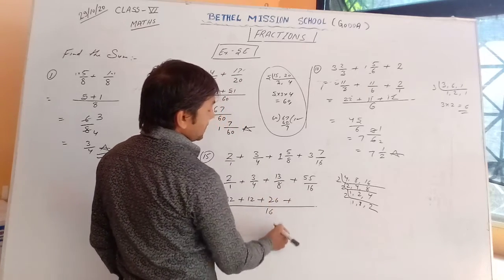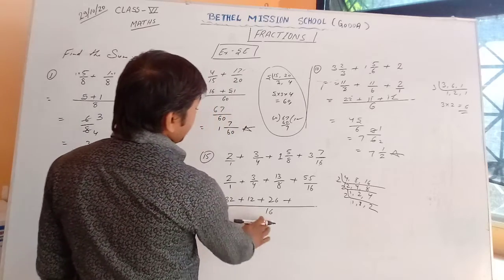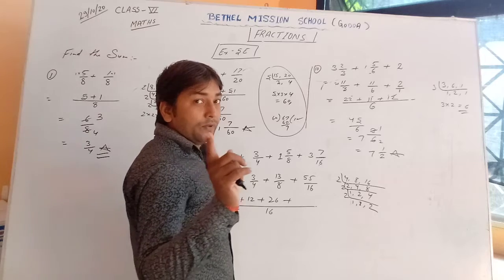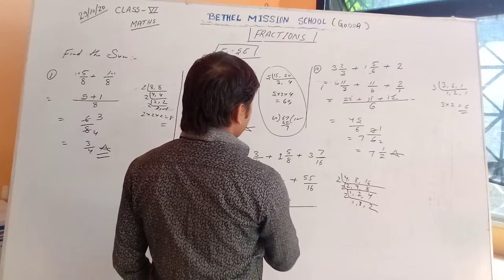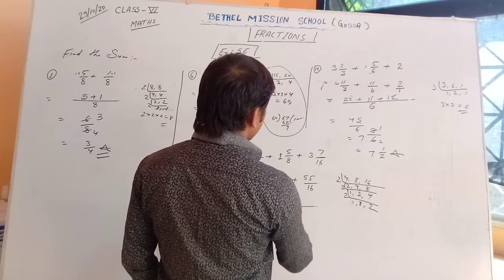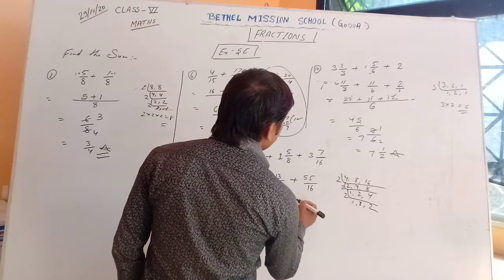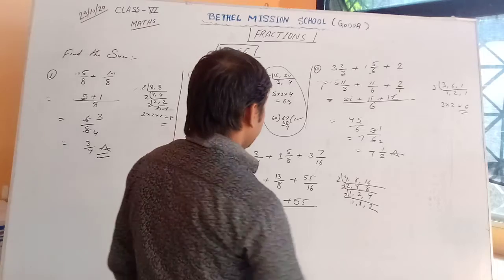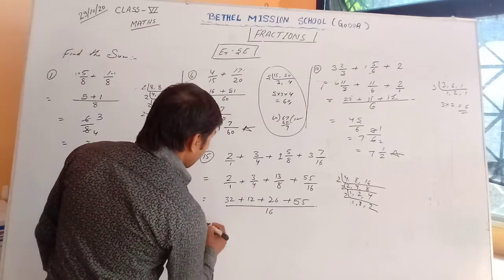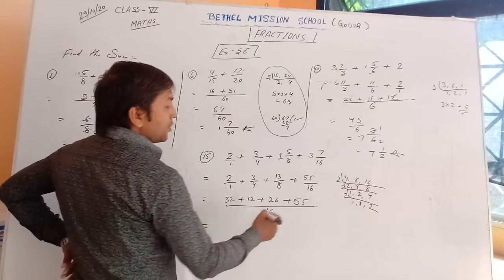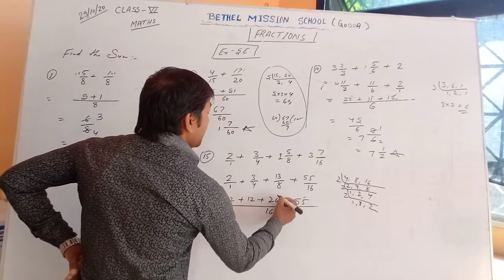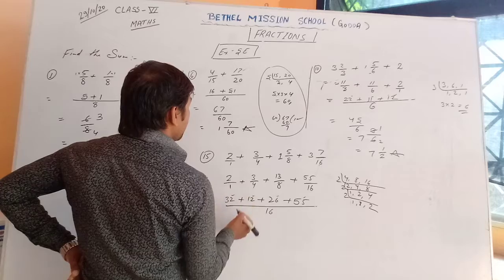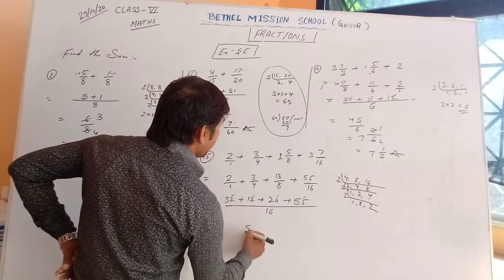And again 16 divided by 16 is 1, so 1 into 55 will be 55. Now add: 5 plus 6 is 11, plus 2 is 13, plus 2 is 15.